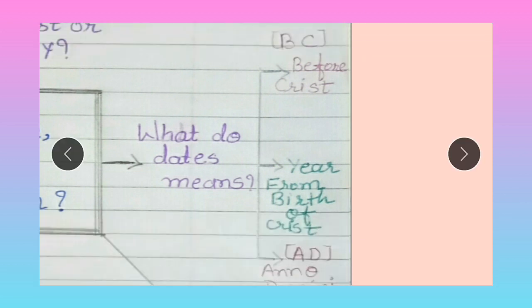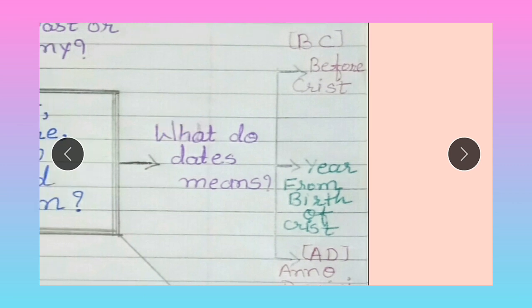Then we come to the point: what do dates mean? In history, dates mean a lot. We have learned about the concept of BC and BCE, AD and CE. BC means before Christ. Our standard time starts from the birth of Jesus Christ, which we have taken as a base.